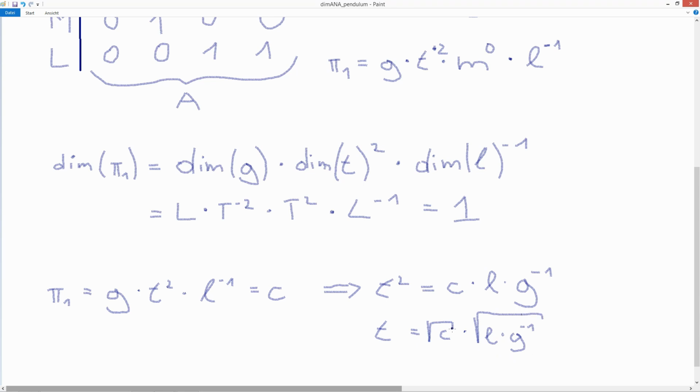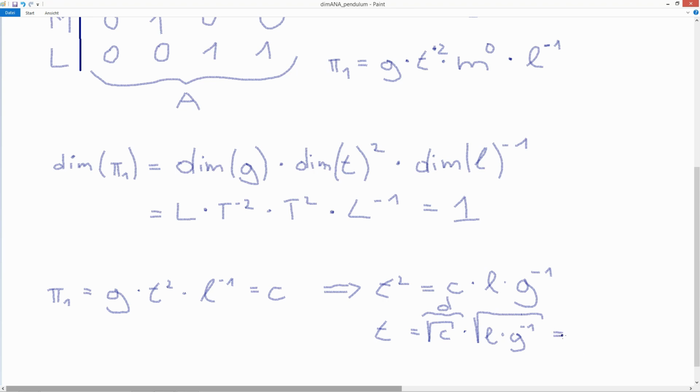And the last thing we can do is to rename this constant square root of c into the constant d. So we just call this constant here, the square root of c, d.